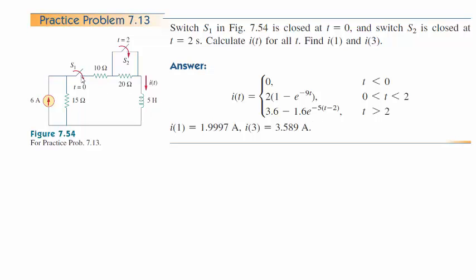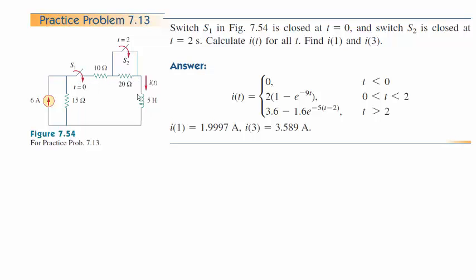It's just recognizing that you have things occurring at t equals 0 and t equals 2, which in your exponent here you would just have to put in the t minus 2 for when things happen there. Other than that, for t before 0, the only thing happening is in this part of the circuit. The rest is open. At t equals 0, this switch closes, but this is still open.